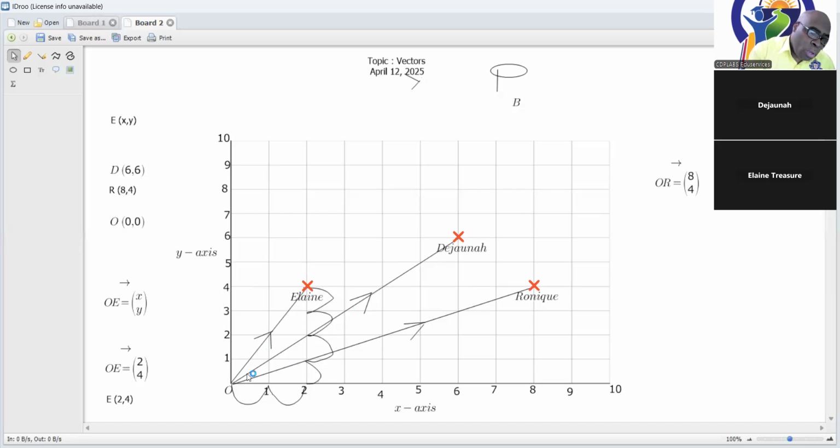Move from O to where D is. That means you plot it on the graph paper. Did you put it on your graph paper? Yes or no? You plot them on your graph paper, all 3 points?